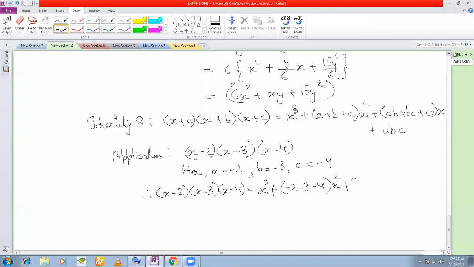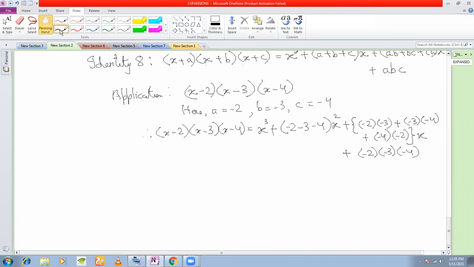Next, you take a plus sign. Take the product two at a time. That is ab, minus 2 into minus 3. Next, bc, minus 3 into minus 4, plus ca, which is minus 4 into minus 2. And then reduce the power of x by 1. From x square, it becomes x. And plus, you take the product of all three. So you're getting here x cube, you have 9, so minus 9x square.